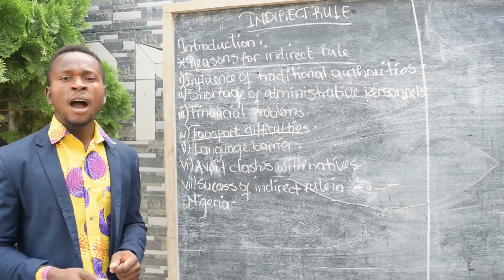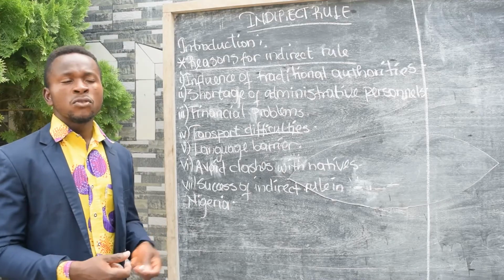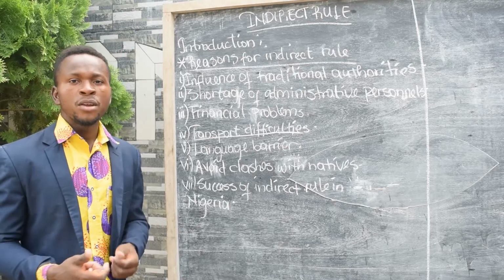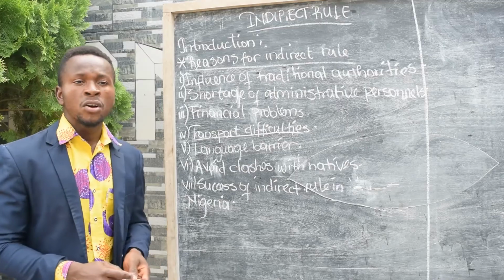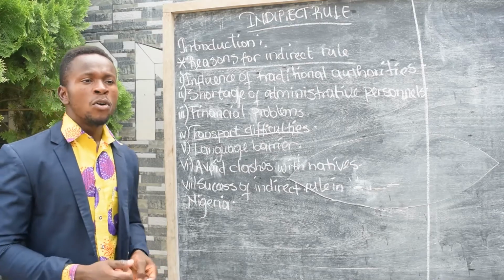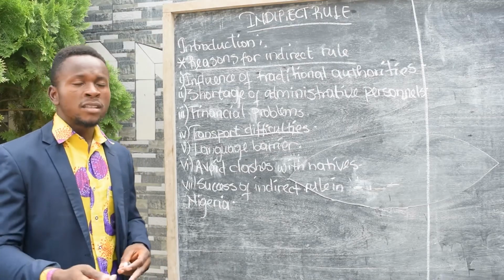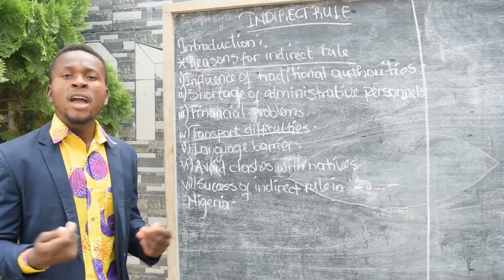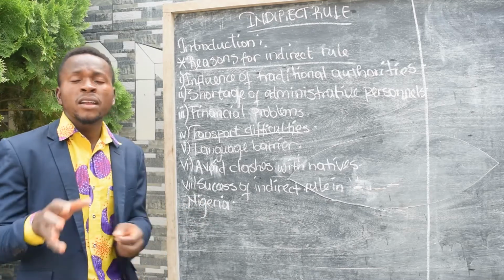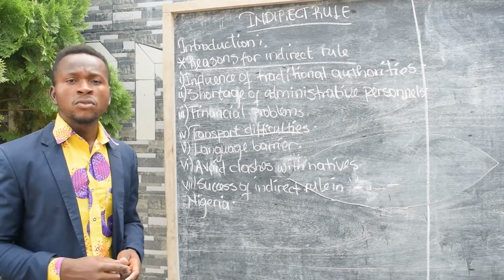So the British did not have enough good roads and good areas where they could navigate into the interior. So they thought that ruling the people through their chiefs could easily make announcements, pass any information, or carry out any activity they wanted to carry out.